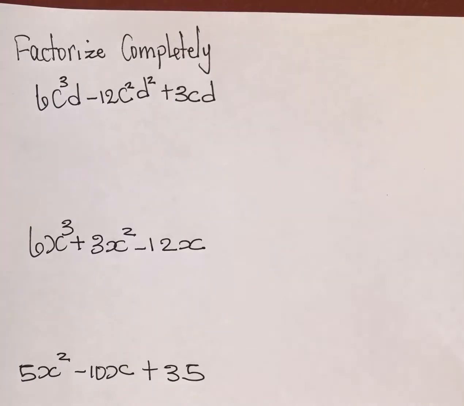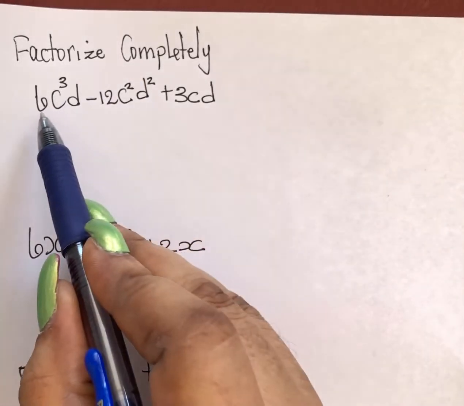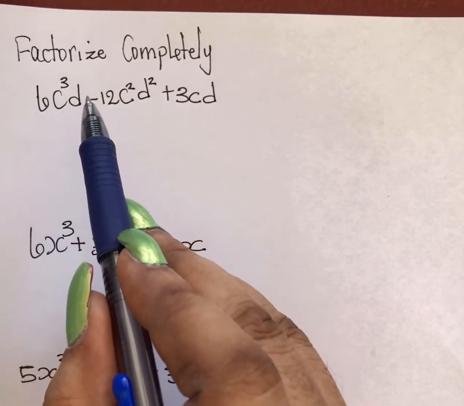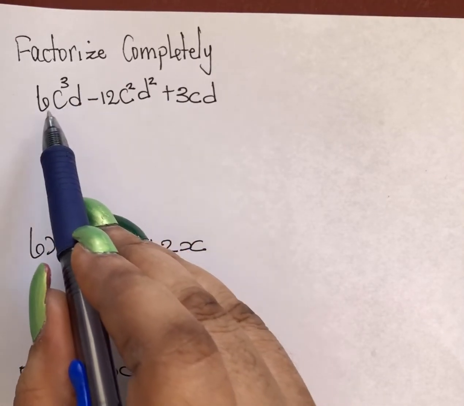Number 1. Our first step for each of them will be to find the greatest common factor. And to do so, we need to know what the factors of numbers are, right? So we have 6, 12, and 3. We're going to look at the numbers only for now.